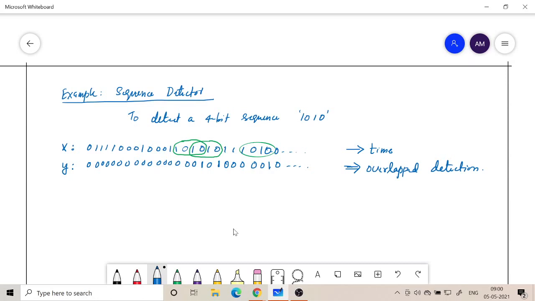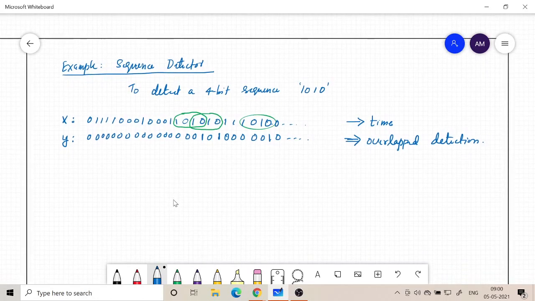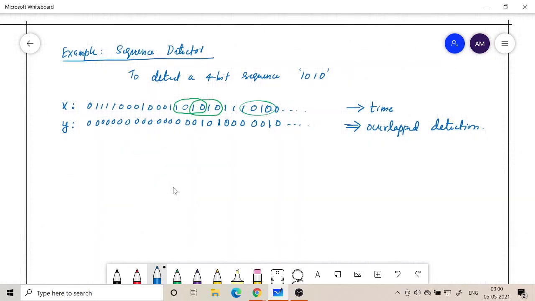If I don't want the overlapping, then this particular bit will not be 1, it will be 0, because that's not a new sequence, it's actually overlapped with the previous sequence. So I have an option to design whether I need an overlapped detection or a non-overlapping detection. Accordingly, my specification will be different and my design will differ.